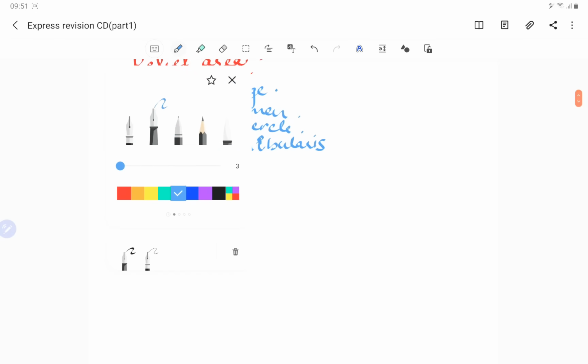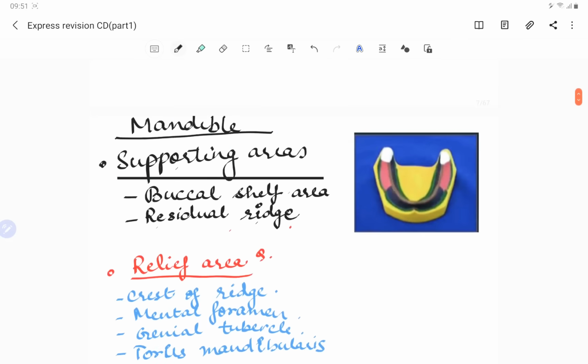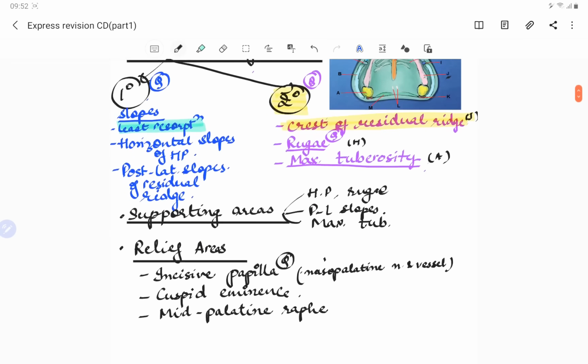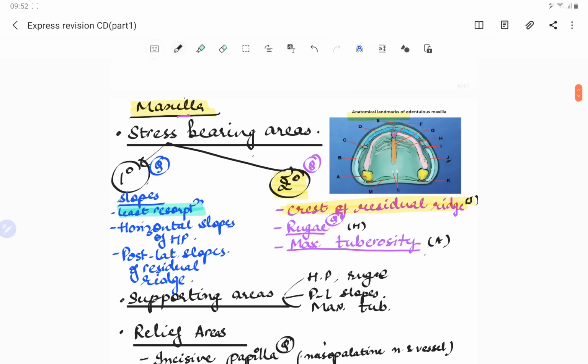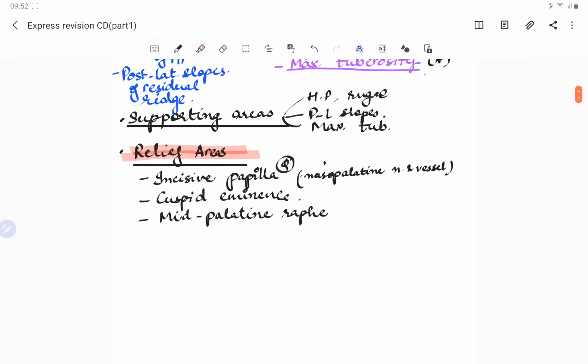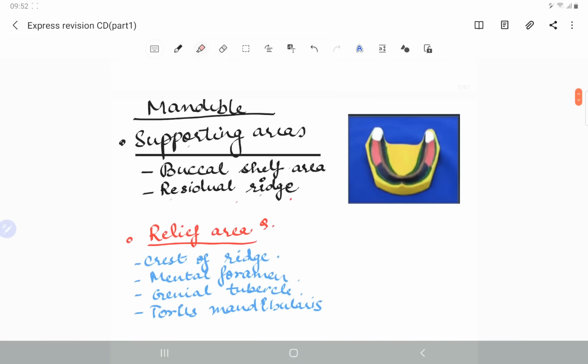Then coming to limiting structures of the mandible. See, now we have not covered limiting structures of the maxilla till now, right? Maxilla we have covered the stress bearing area, supporting areas and the relief areas. So, if we talk about relief areas, for maxilla it is incisive papilla, cuspid eminence and mid palatine raphe.